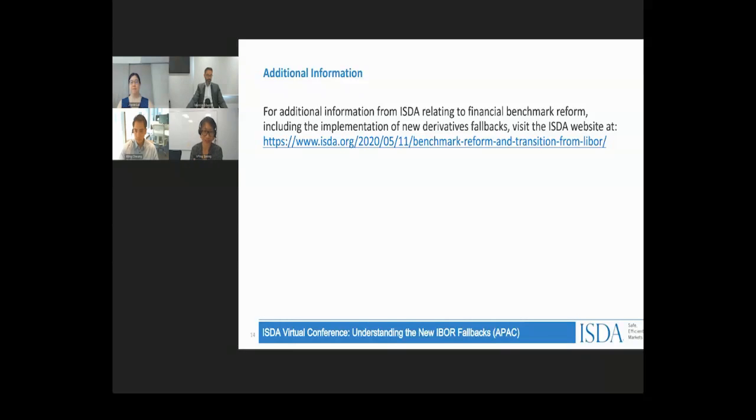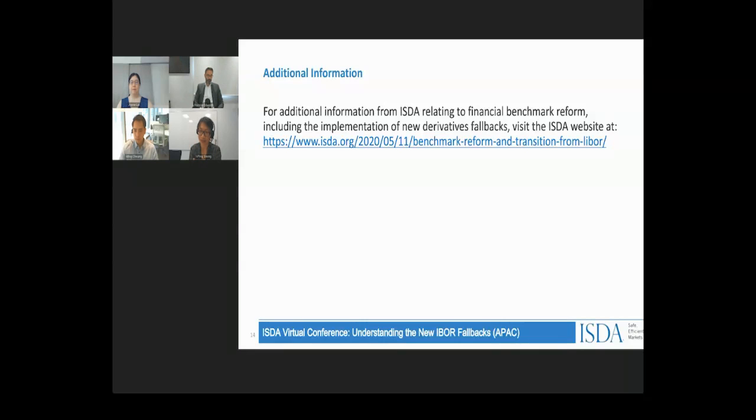From the audience, all these questions coming in. So Joyce just mentioned that only protocol covered documents will be amended by the protocol. What happens if we have confirmations under bank bespoke master agreements that incorporate the LIBOR fallback definition under the 2006 definitions? Will that confirmation be amended by the protocol?